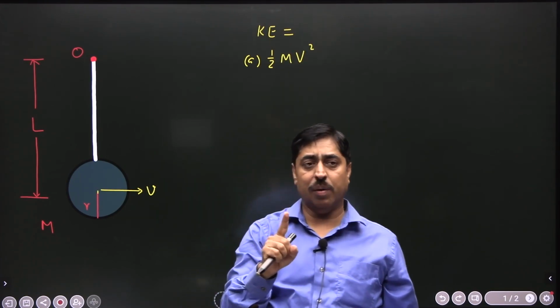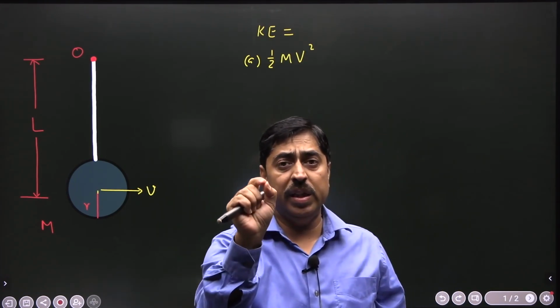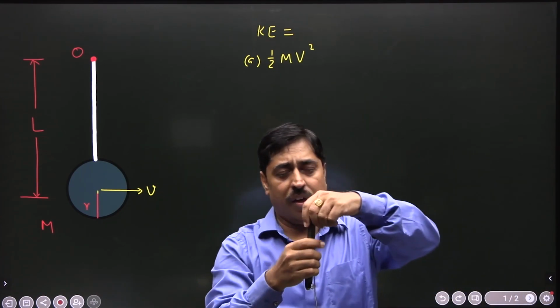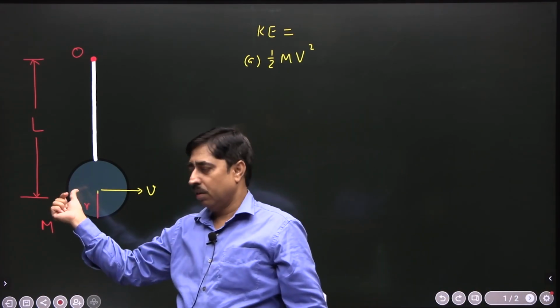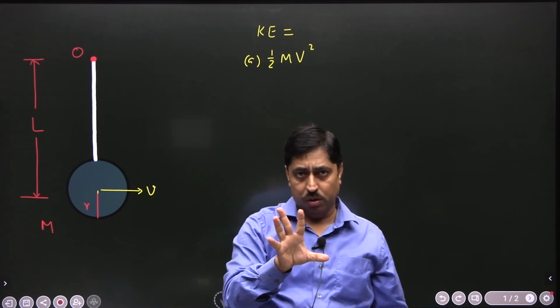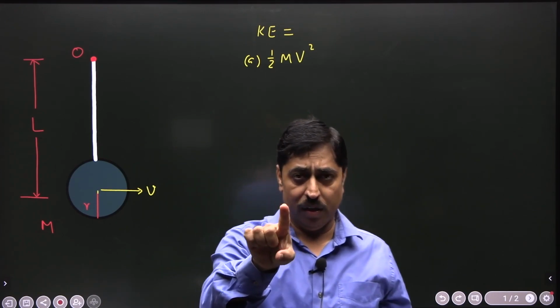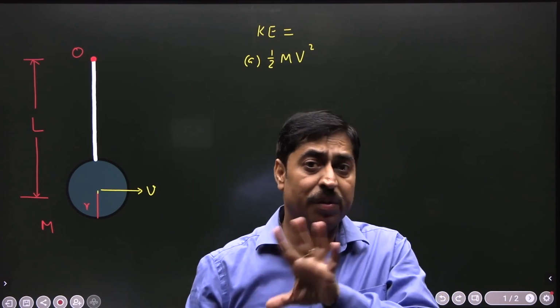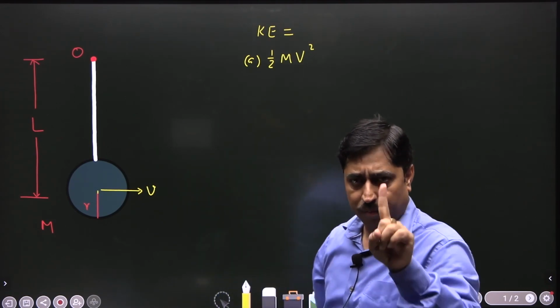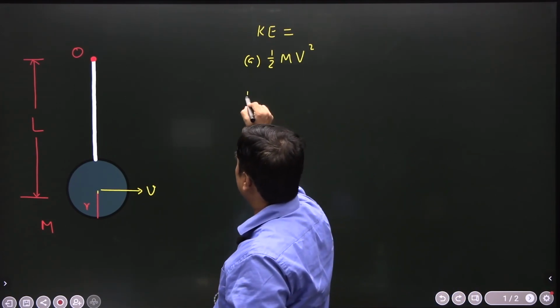This is the first option that I am giving to you. v is the speed of the center. It is just hanging. I have just pushed it, and immediately after the push, the speed of the center is v. Can I say that kinetic energy of this thing is half mv square? That is the first option that I have given you.